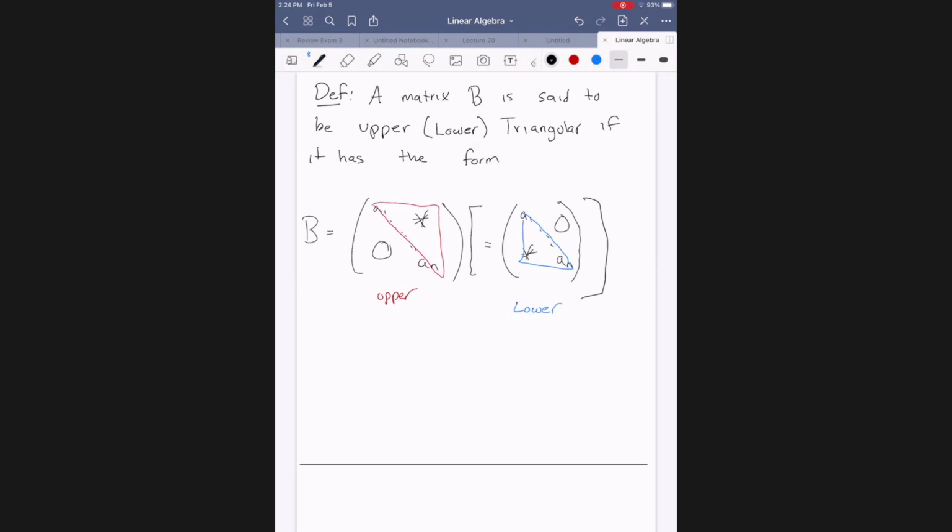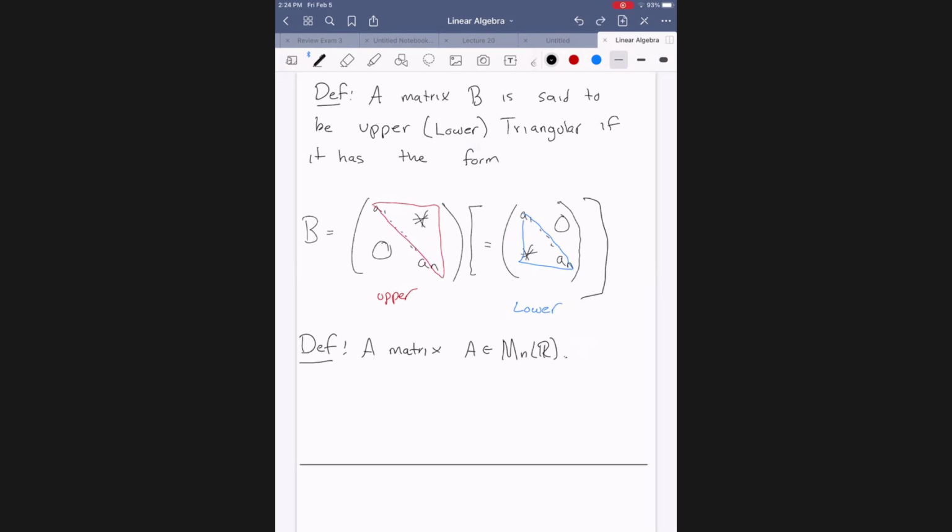So now let's define LU factorization. A matrix, say A, and let's say it's square. It doesn't have to be square, but we'll just do it for this class.